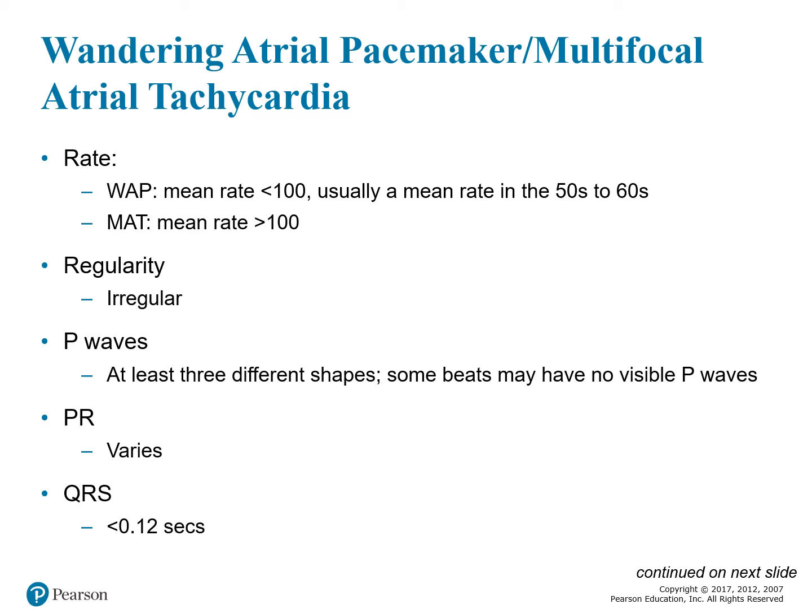Your P waves are 3 different varied P waves, because they have to have 3 different shaped P waves in order to be classified as either a WAP or a MAT. The difference is the heart rate. Making your PR interval varied, and your QRS still falls within norm, less than or equal to 0.12 seconds.